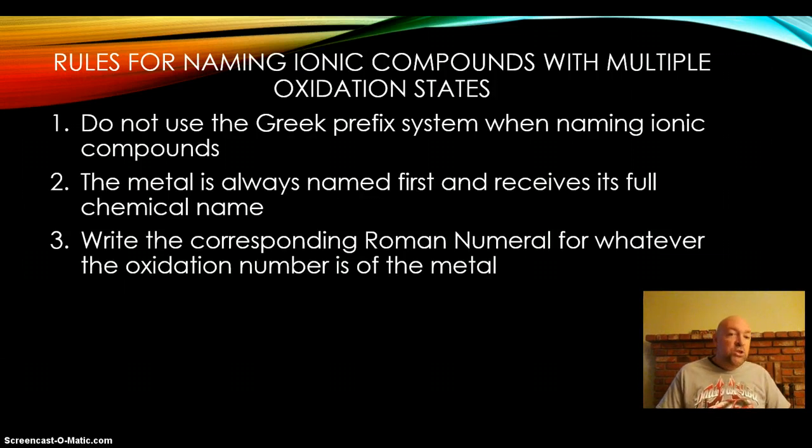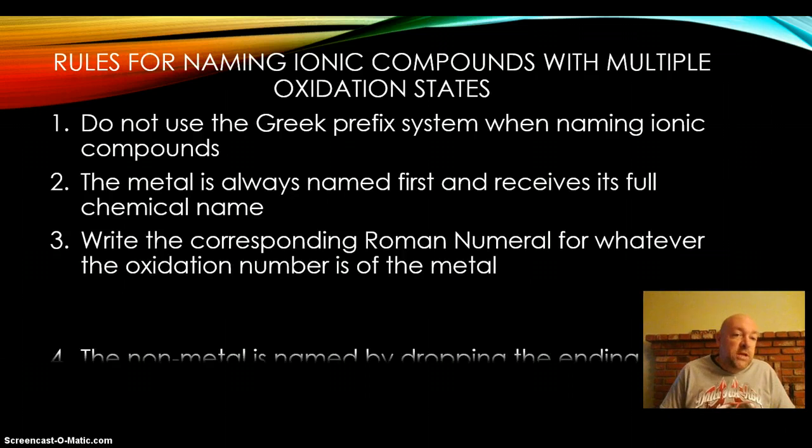And in that situation, you need to identify what the oxidation number is. And we do that by writing a Roman numeral in between the metal's name and the non-metal's name, typically in parentheses to set it apart. And I'll show you how that works out and why we have to do that in just a second here.